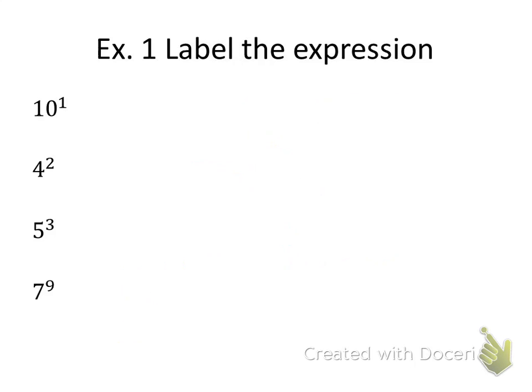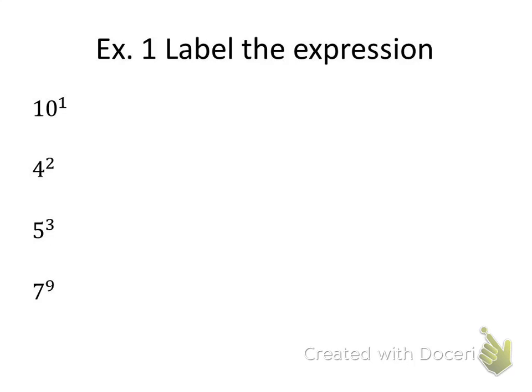What they want us to do on example 1 is label the expression. They do not want us to solve it. That way, tomorrow when I'm calling out the homework answers, I know that as I'm reading it, you know what each exponent says. So if you were to look at this right here and read it out loud, who knows how you would read that first problem? Michaela? 10 to the first power.